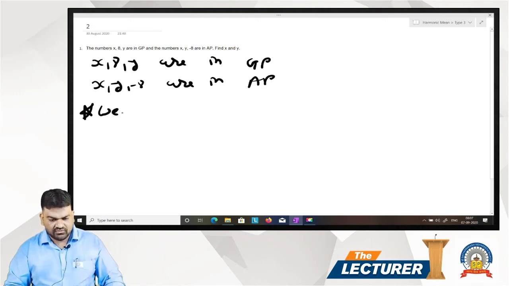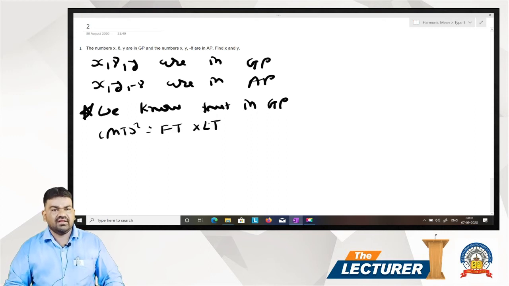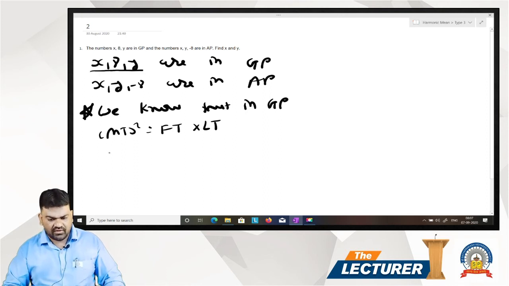First of all, we know that in GP, middle term square is equal to first term multiplied by last term. So 8 square is equal to x multiplied by y. 64 is equal to xy.